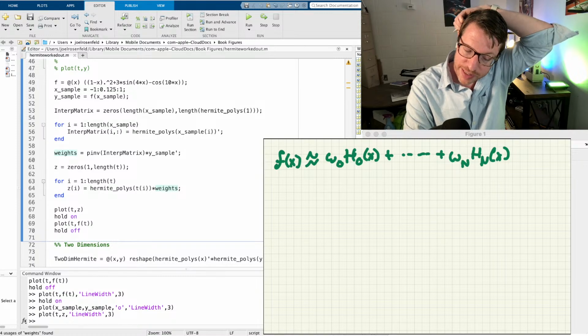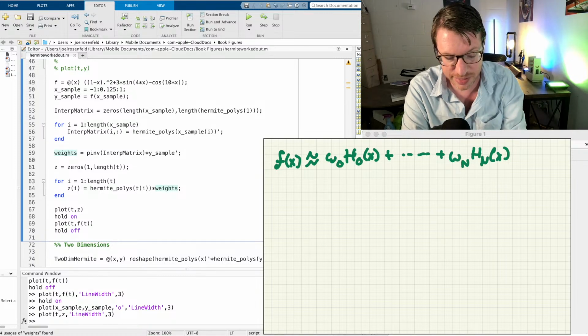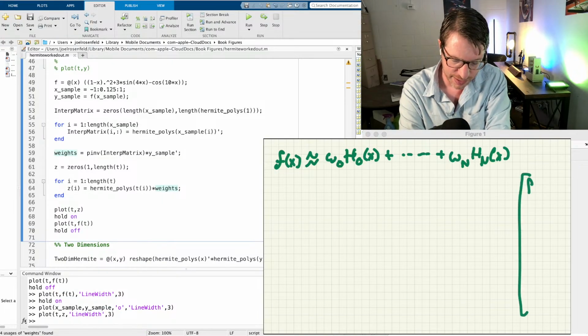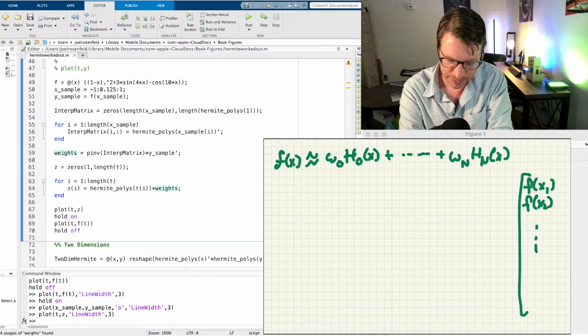And so you want to find those w's, and what you have are samples of f. So on this side, you have, say, f of x1, f at x2, all the way down to f at xm.